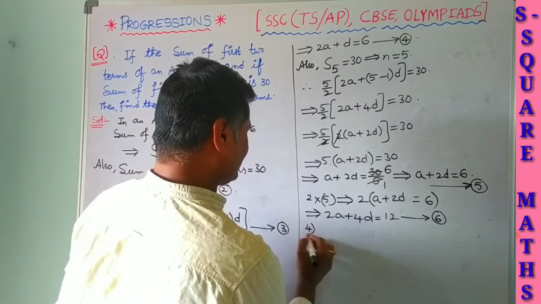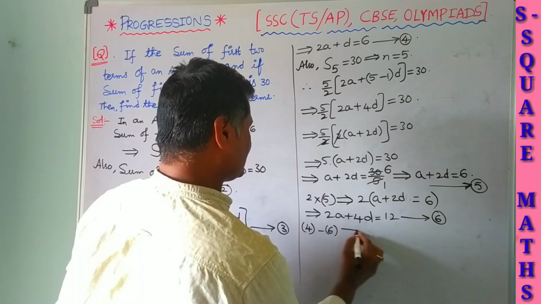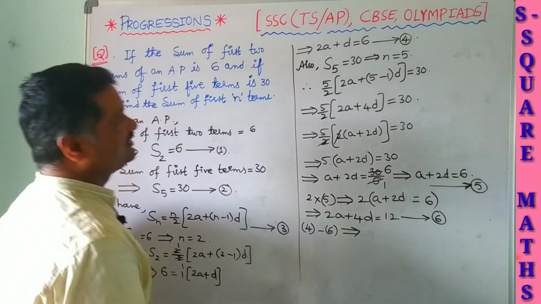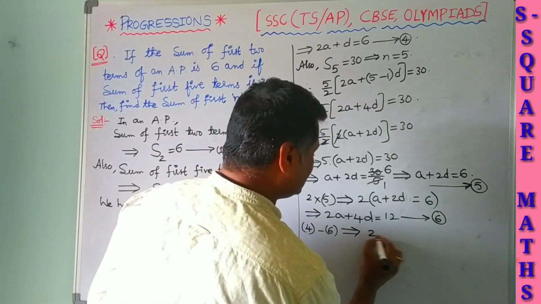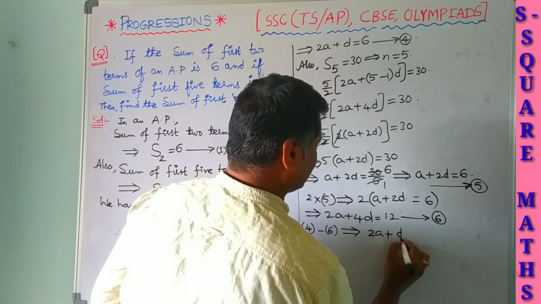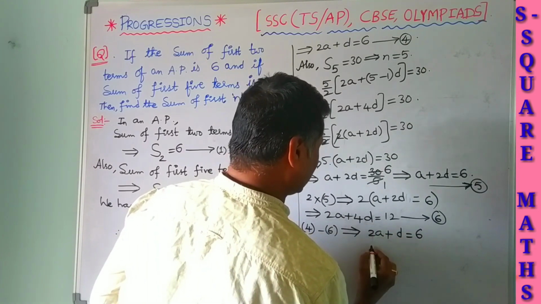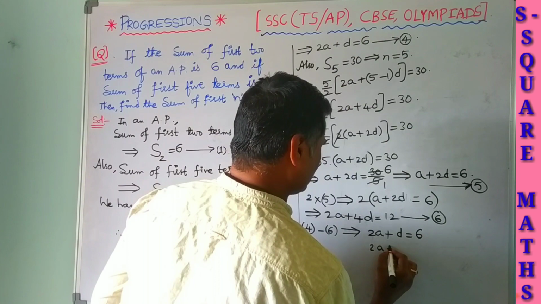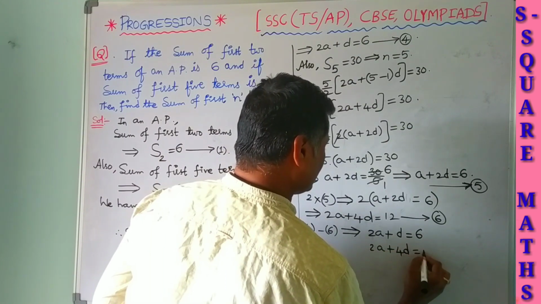Nothing but equation 4 minus equation 6. What is our fourth equation? 2a plus d is equal to 6, and here it is 2a plus 4d is equal to 12.